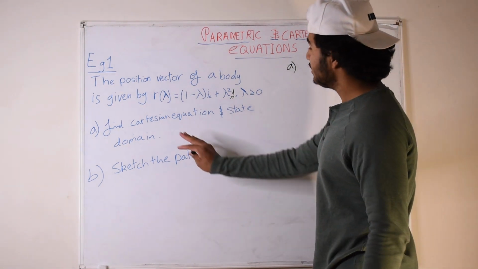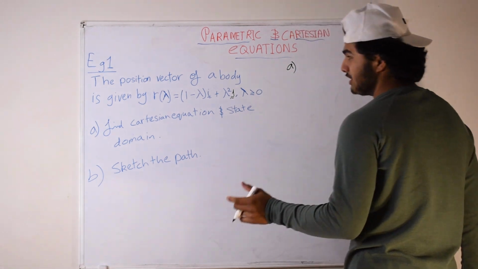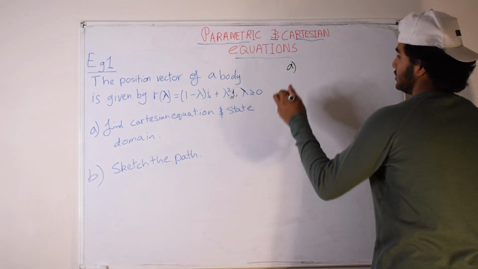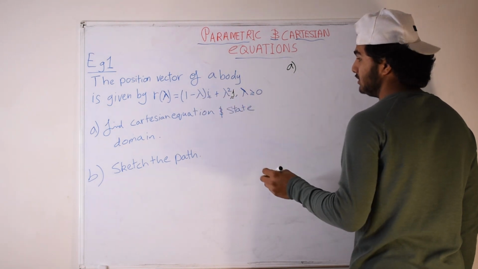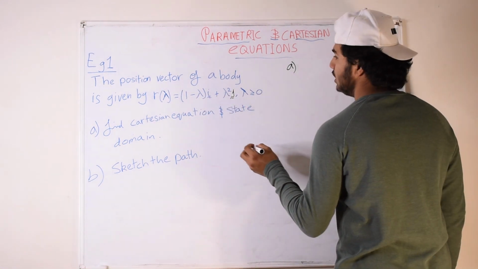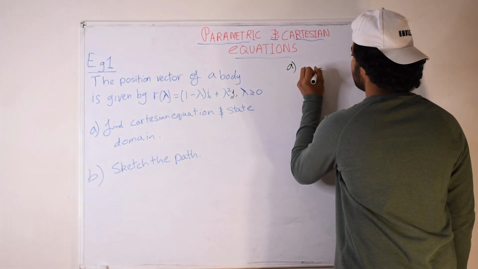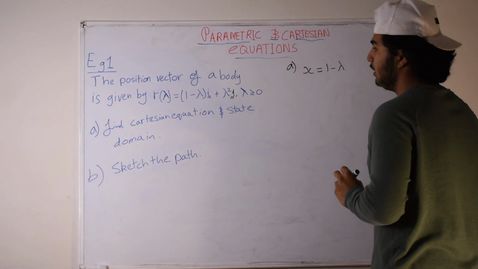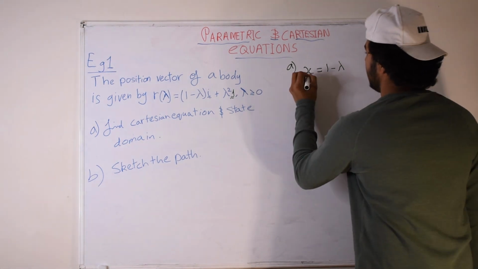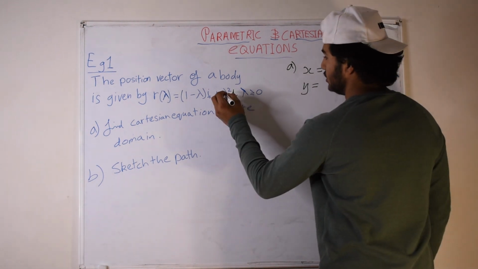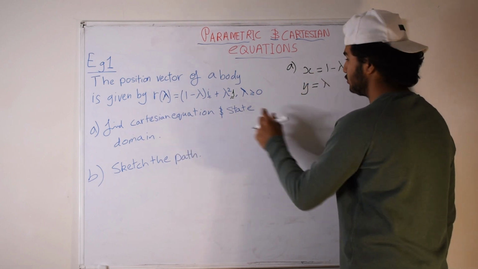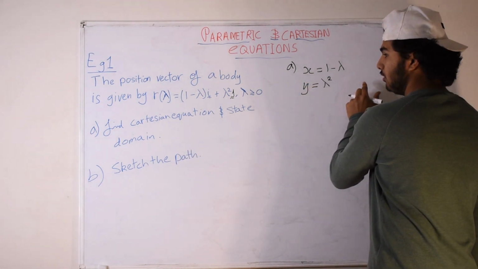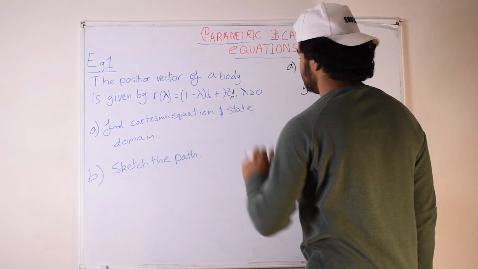Find the Cartesian equation. First thing, like we'd figured out in the parametric equations, was rewrite x and y in terms of their parametric equation. So x then becomes 1 minus lambda in this case, and y equals lambda squared. So for the Cartesian equation, we're trying to find y in terms of x.